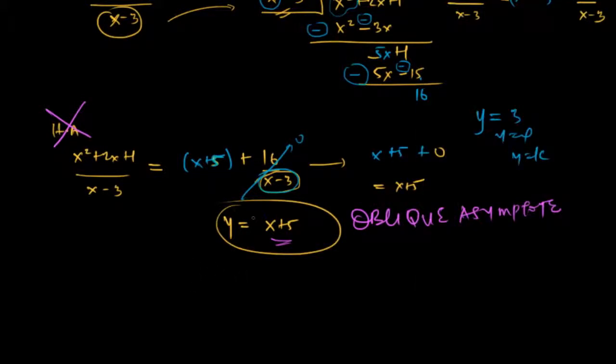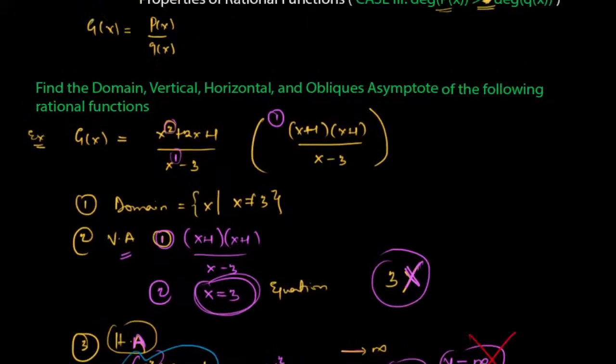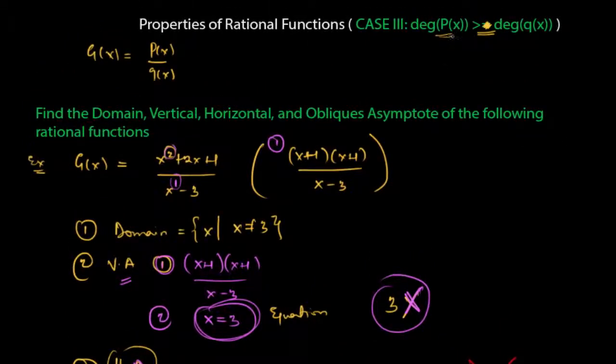Alright, that brings us to the end of this question. But one lesson which is quite important that I feel I should let you know is that for this case, when the degree of the numerator of a rational function is greater than the degree of the denominator, you always have an oblique asymptote.